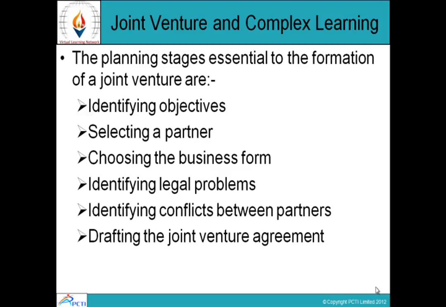Then one needs to identify the legal problems, the challenges and legalities that the joint venture can face. Now, what are the conflicts between the partners that need to be identified and addressed before actually signing an agreement? Once all these issues are highlighted and addressed, finally the joint venture agreement is drafted.